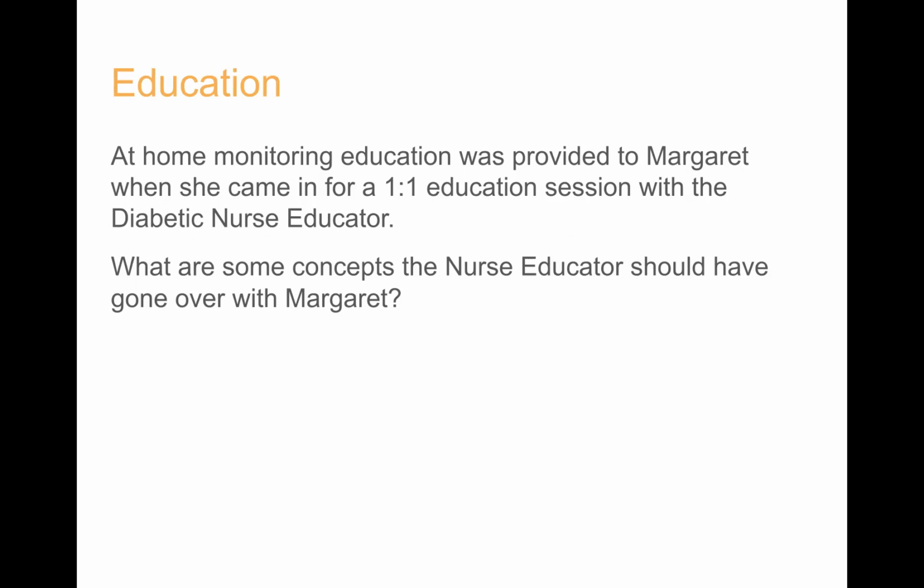So one of the things we would talk about with the mom is the risks of having diabetes during pregnancy. So we would talk about congenital defects. Congenital defects are a risk factor to a newborn born to a mom with gestational diabetes.